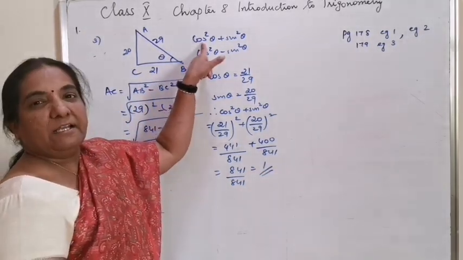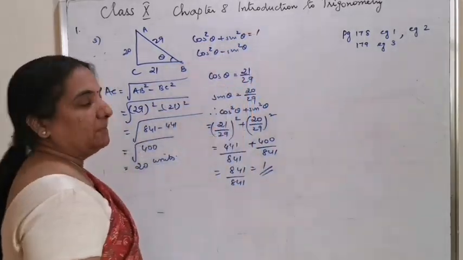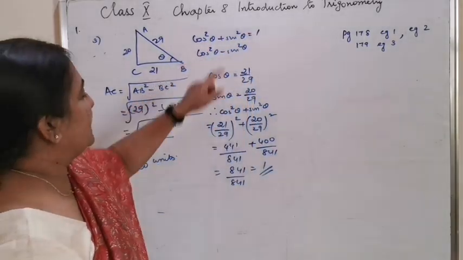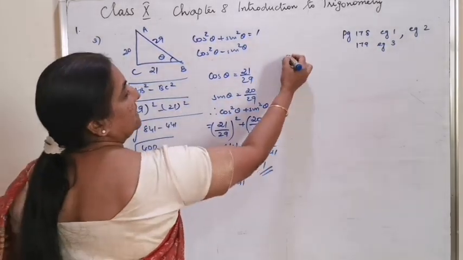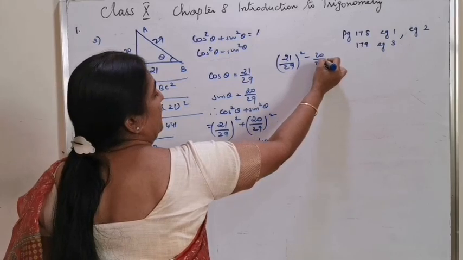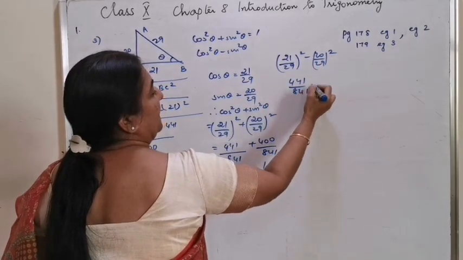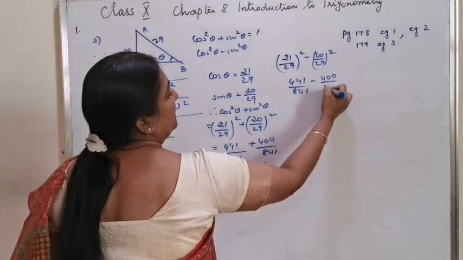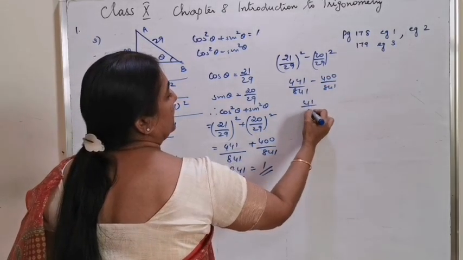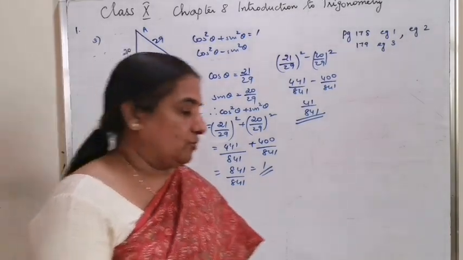It is clearly confirming the identity cos square theta plus sin square theta is equal to 1. What is the answer for cos square theta minus sin square theta? It is 21 by 29 the whole square minus 20 by 29 the whole square, 441 by 841 minus 400 by 841, or the answer is 41 divided by 841.